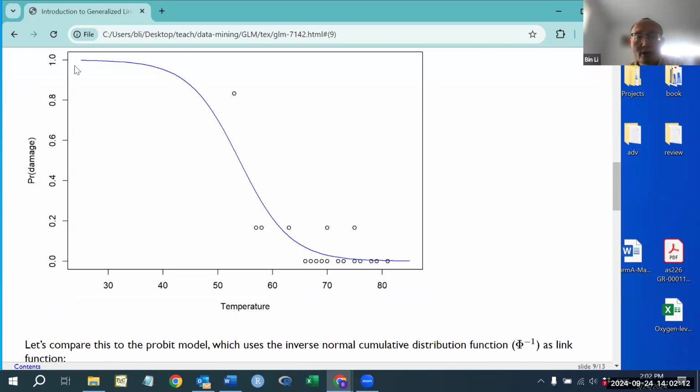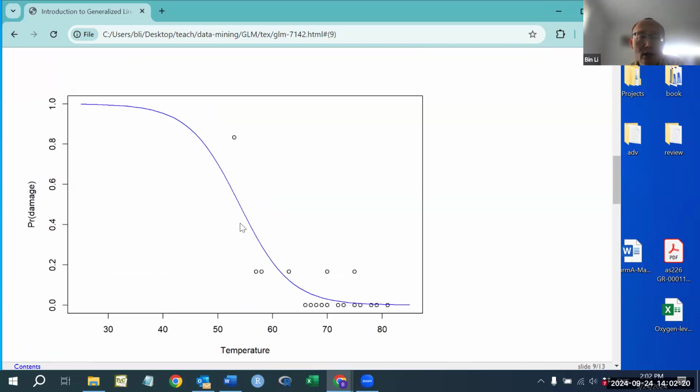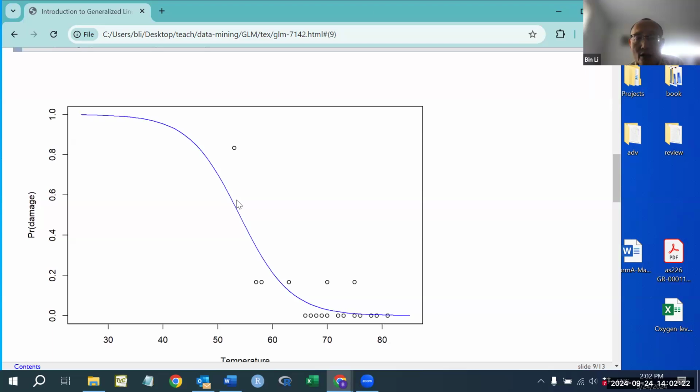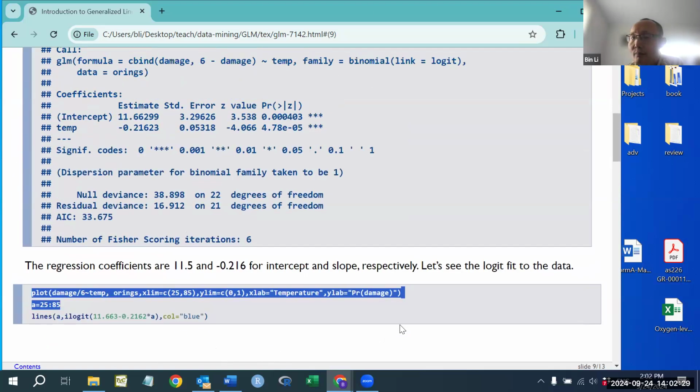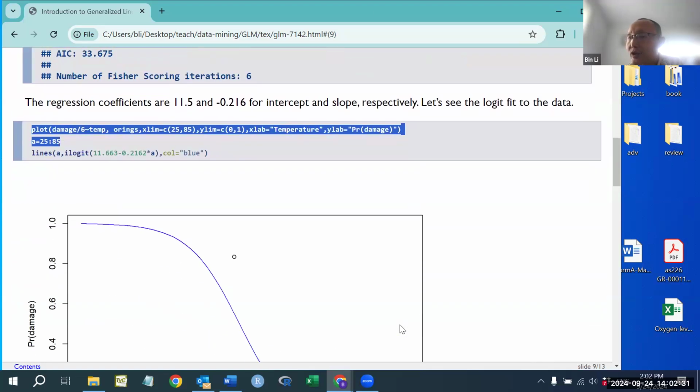The logistic regression is nice because it fits the probability with a smooth curve. Although this curve is not linear, that is because it is the probability curve. But the log odds, or the logit, is a linear function of the temperature. When we represent it through the probability, it's not a linear function.